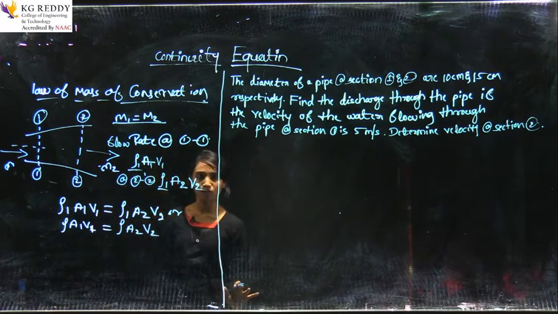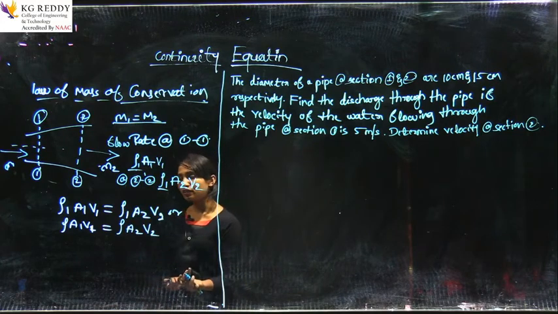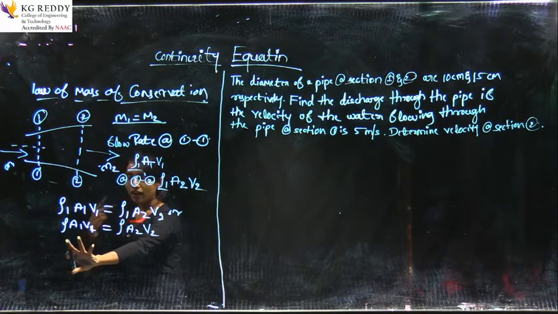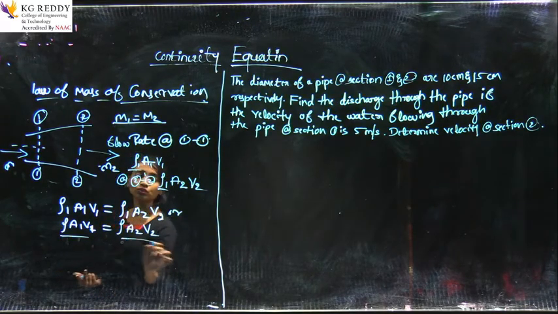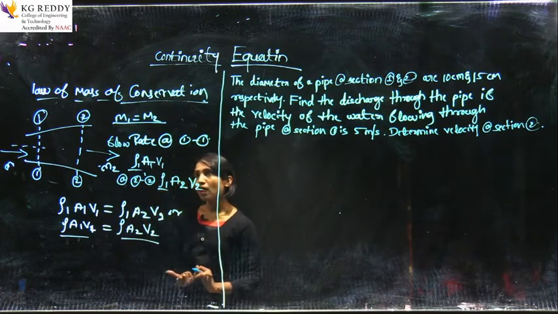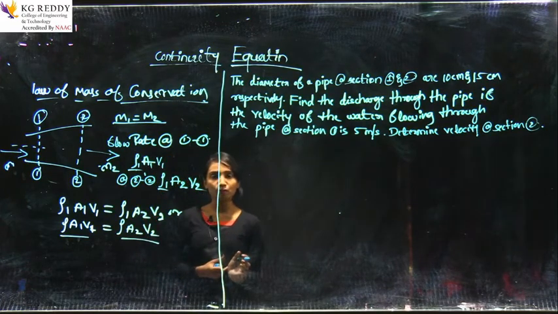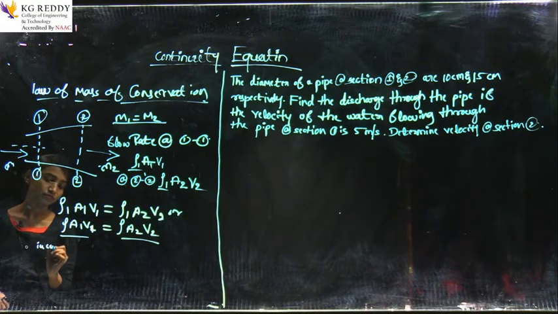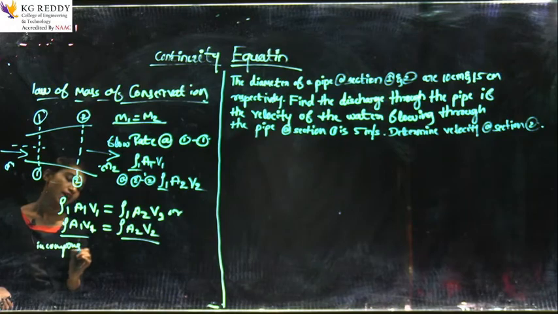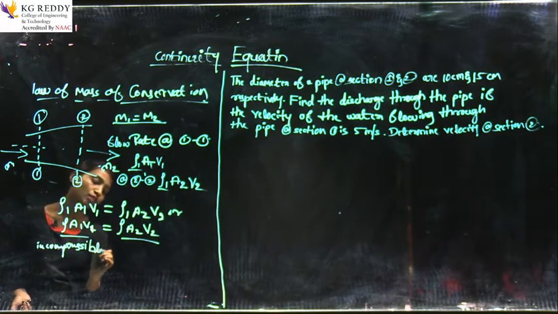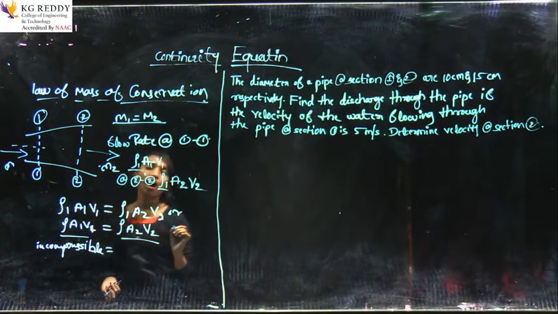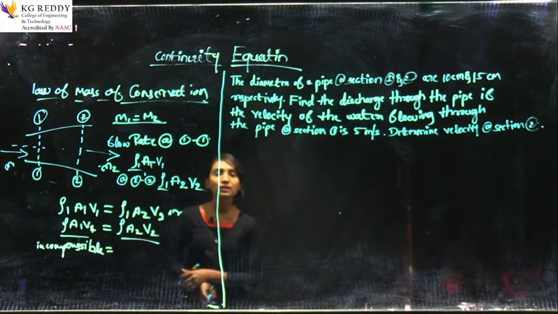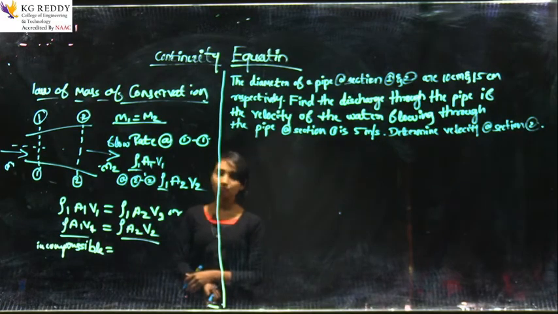What the continuity equation says is that the flow rate that enters should be equal to the flow rate that exits. Now, whether it is compressible or incompressible: in one of my videos I explained the properties of liquids, that is incompressibility or compressibility.